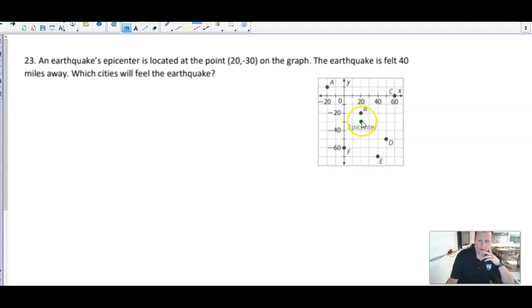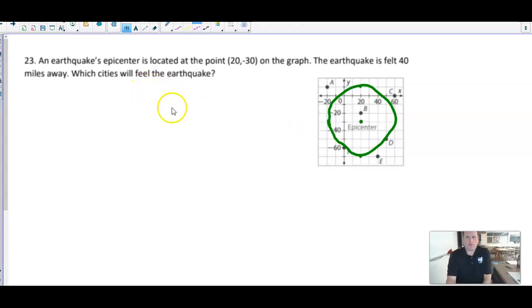So what I'm going to do is go out 40 each way: 1, 2, 3, 4 that way, 1, 2, 3, 4 there, 1, 2, 3, 4 there, and 1, 2, 3, 4 there. Then I'm going to sketch this circle here. It's not going to be perfect, but it'll give us somewhat of an idea.